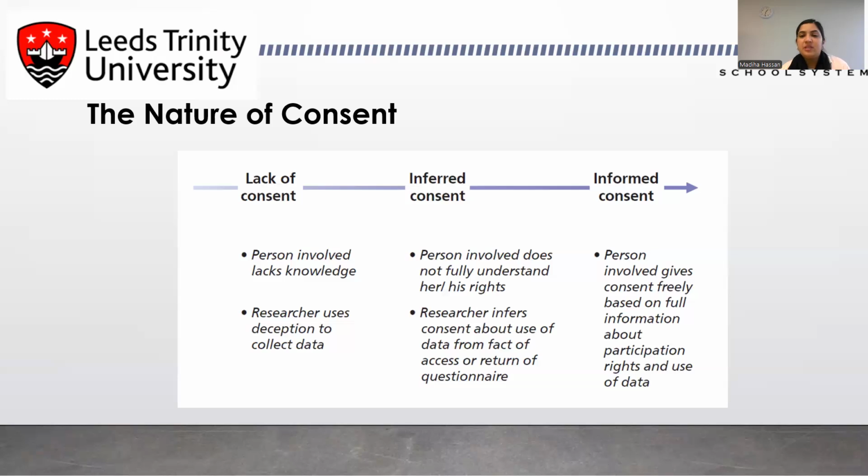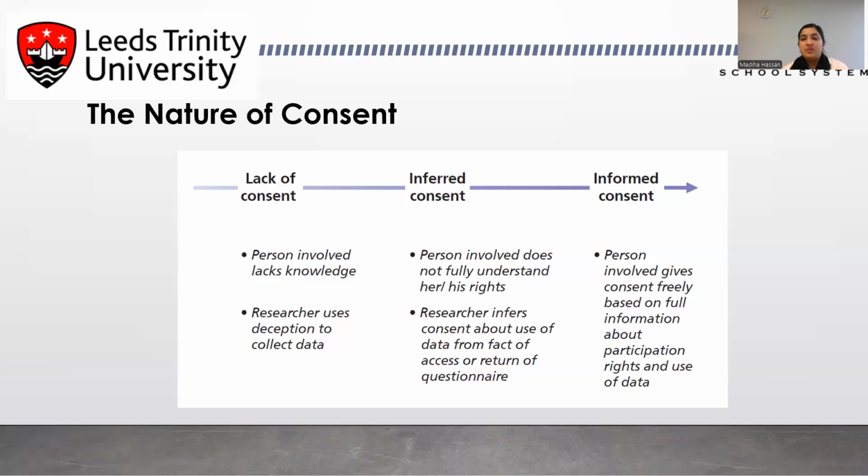Inferred consent is when the person involved does not fully understand his or her rights. You're asking them, and you're not telling them how you are going to use the data.